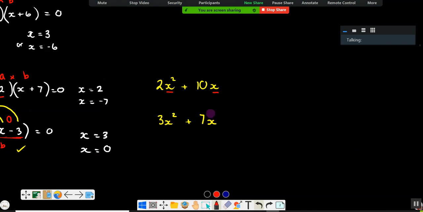So if there's an x in both, I can say that this is 2 times x, and this is 10 times x. So I can take a common factor and put it outside the brackets. Is there any other common factor to take out? Well, what about 10? What can I split that into?